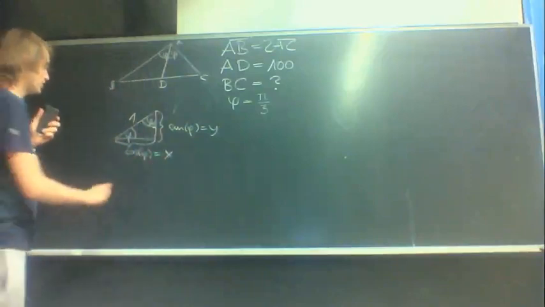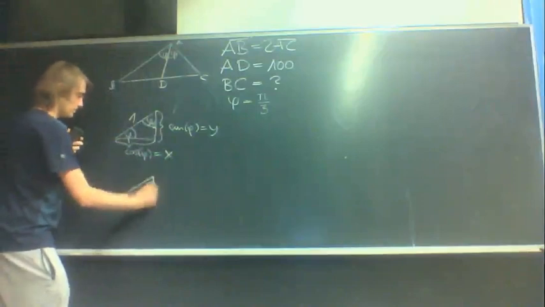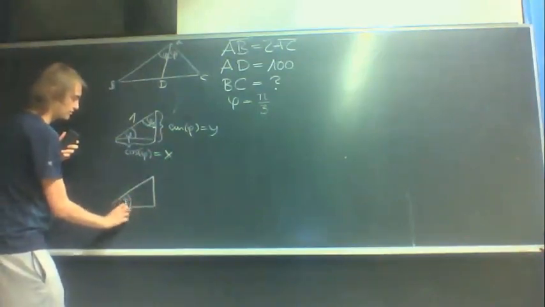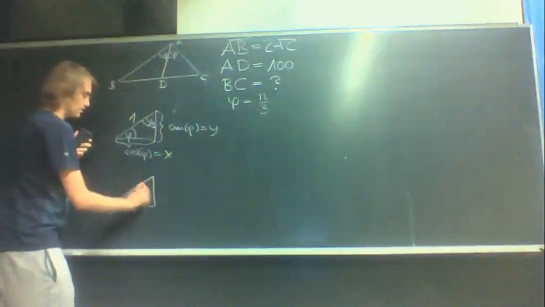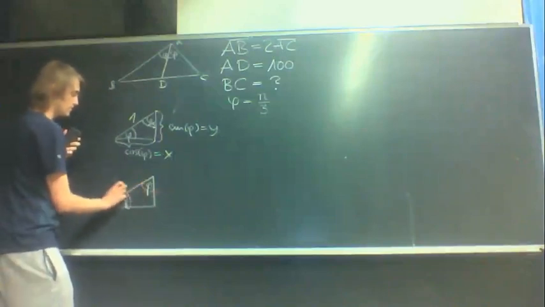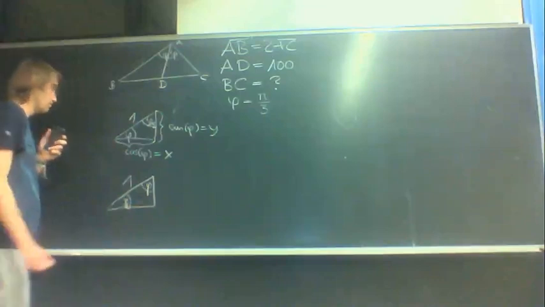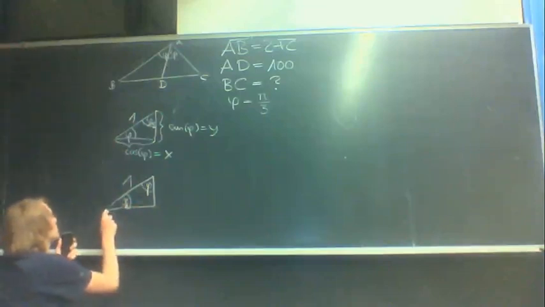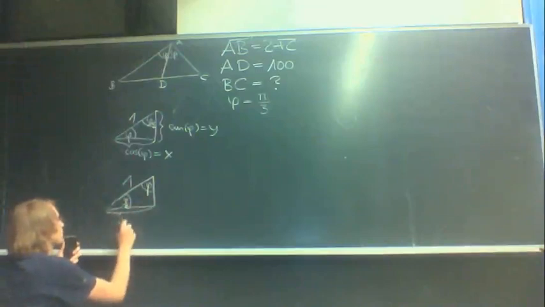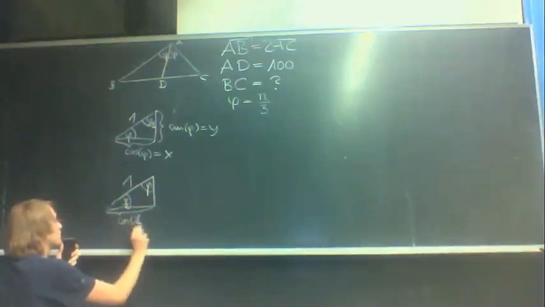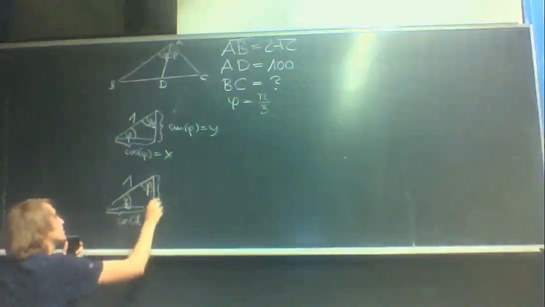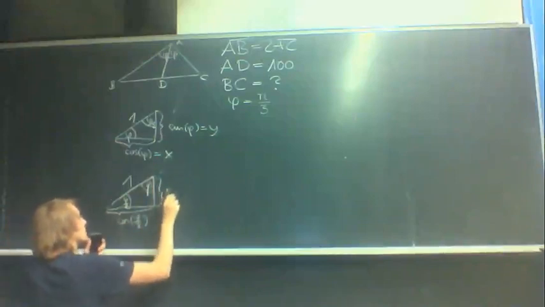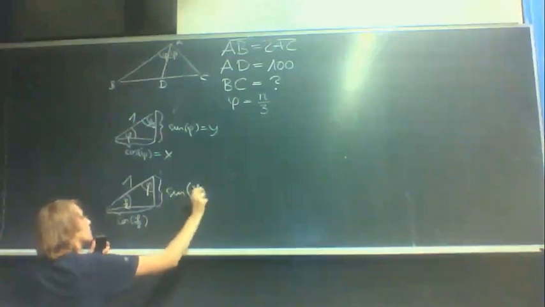So if we draw another triangle with an angle phi over 2 here and phi here, also length 1, then this will be cosine of phi over 2, and this will be sine of phi over 2.